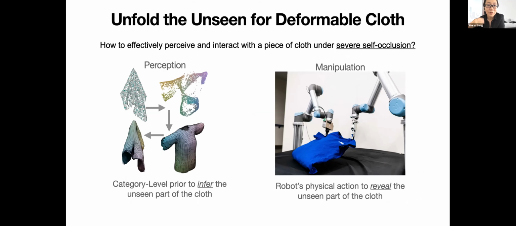The goal for today's talk is to relax some of those assumptions a little bit and try to answer how we can effectively enable a robot system to perceive and interact with a piece of cloth under severe self-occlusions. That's why we have the title, Unfolding the Unseen. Concretely, I will talk about two projects: one more focused on perception, the other more focused on manipulation.